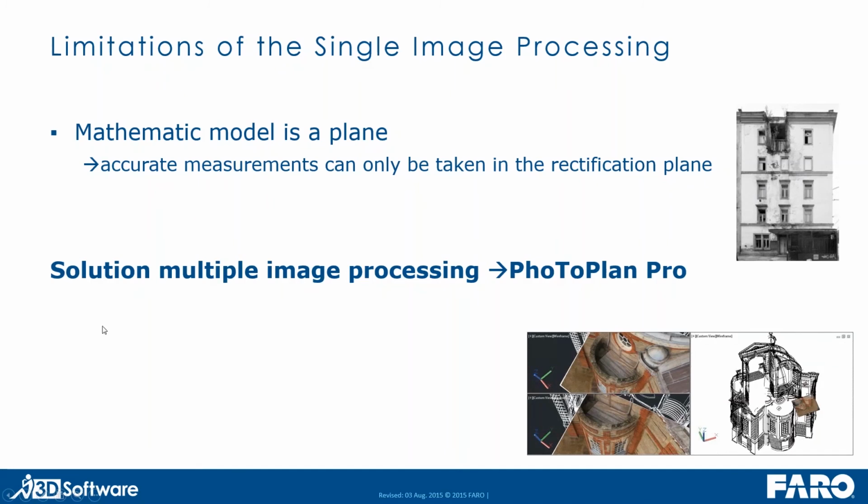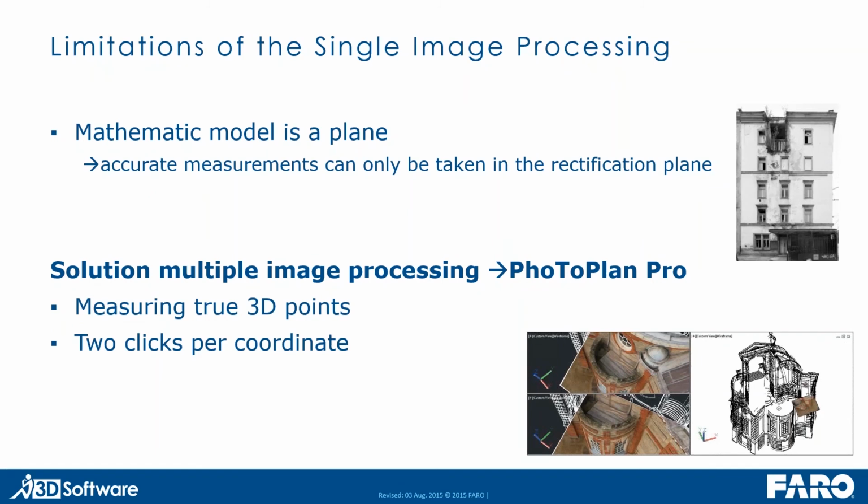But we have a solution with the next larger module of Photoplan. With Photoplan Pro, we can do multiple image processing, and with Photoplan Ultimate, we can also calculate ortho photos, which are slightly different to the simple image rectification.